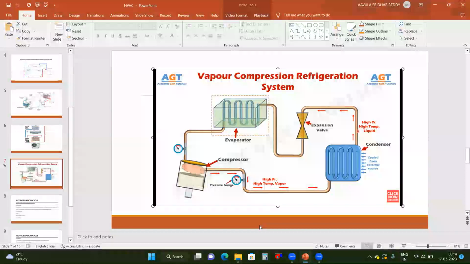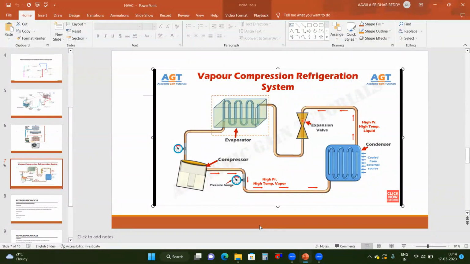To see the difference: here it is vapor, and after the condensation, it is liquid. Vapor is nothing but the gaseous state, and we can also call it the vapor state.